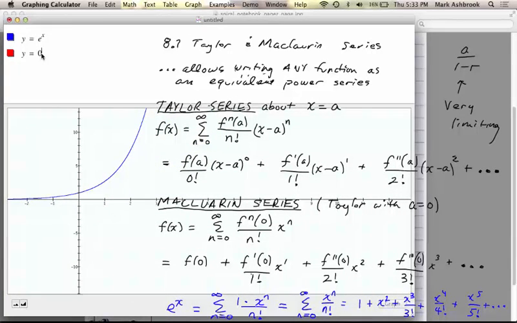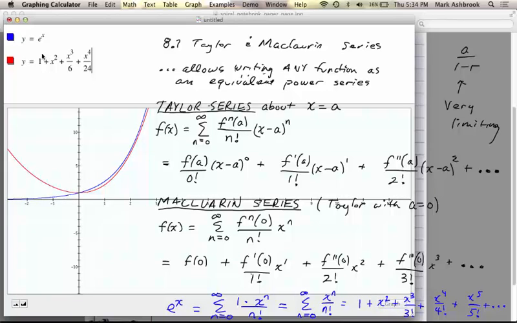What are the terms? 1 plus x squared. Each time we add a term, you're going to see this thing getting better and better. x cubed over 6, right? Plus x to the 4th over 4 factorial. 4 factorial is 24, is that right?